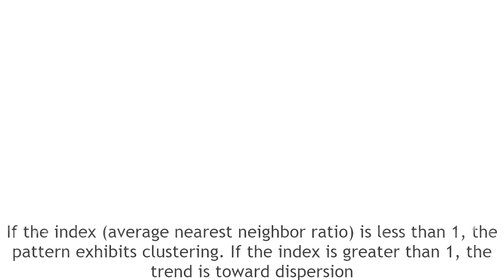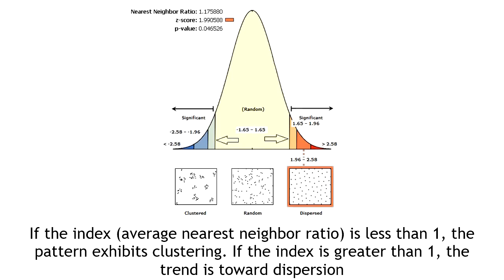By the way, it is important to note that if the average nearest neighbor ratio is less than 1, the pattern exhibits clustering. If the index is greater than 1, the trend is towards dispersion. And if it is in between, then it is random.